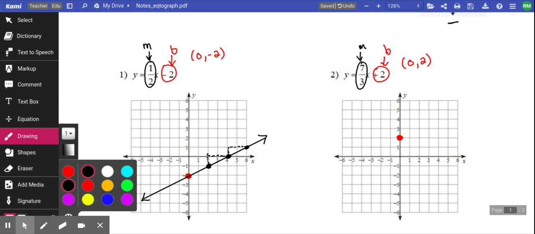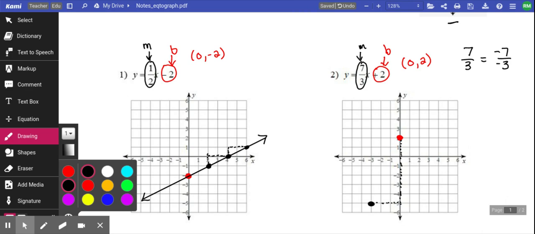So there is one thing that I would like to point out. We can write 7/3 as the same thing as -7 over -3, because a negative divided by a negative is a positive. So in this case, we would have to go down 7. So 1, 2, 3, 4, 5, 6, 7, and to the left 3, and plot a point.